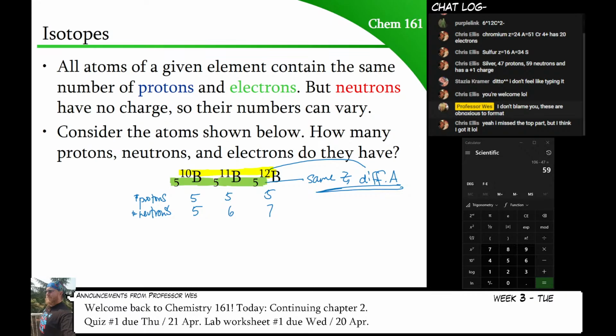So these would all be specifically isotopes of boron because they all have 5 protons but varying numbers of neutrons. And you can have as many neutrons as you want. You could have 5, you could have 2, you could have 0, you could have 100. It would still be an isotope.